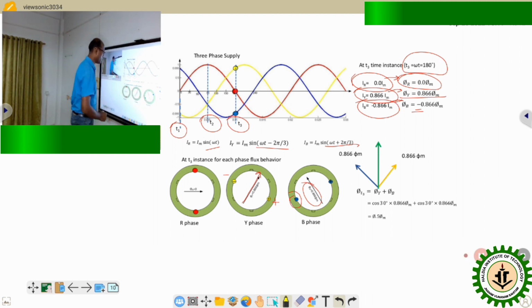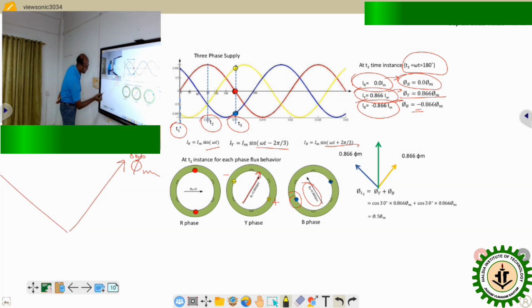Again we get the Y phase expression towards that direction as 0.866 phi m, and the opposite as 0.866 phi m.